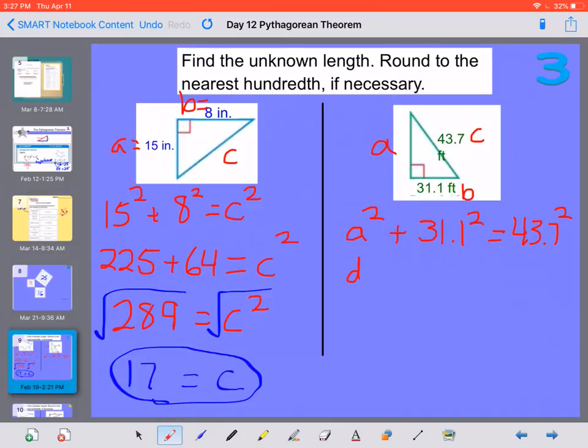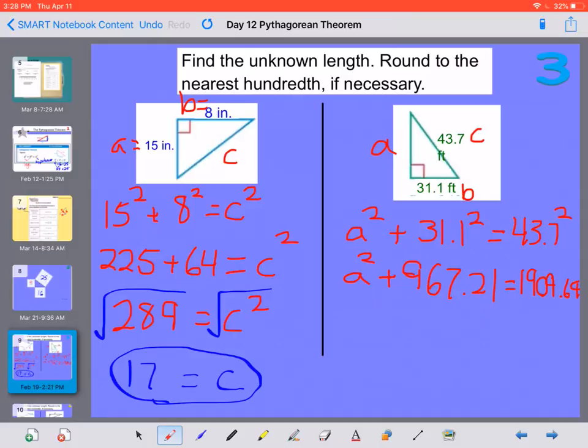So now we solve that, so, well, not D, we want A squared plus 31.1 times 31.1 is going to equal 967.21 equals 43.7 times 43.7. That's going to equal 1,909.69.